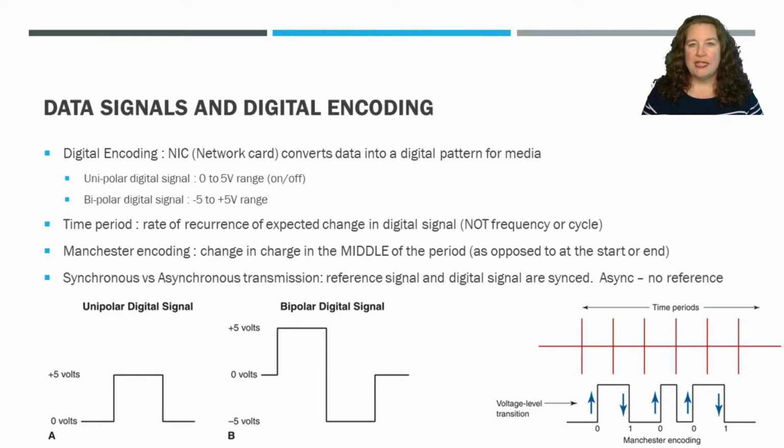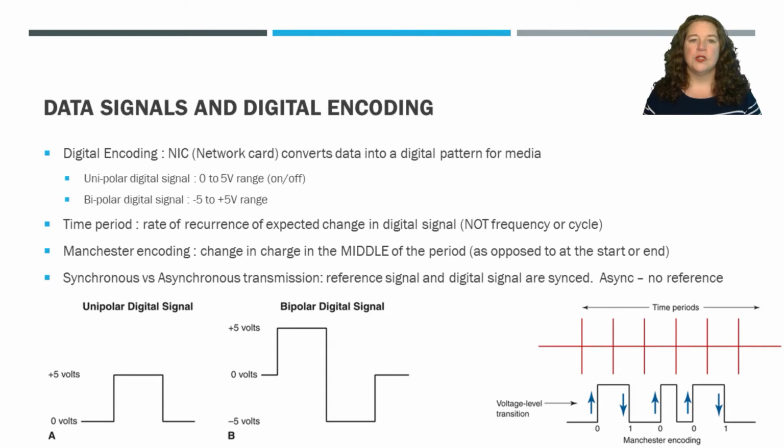All data in a computer is represented by those pulses, those bits. When we want to transmit them, we convert them from zeros and ones on your computer into these digital signals, which we can then send across our media. Whether it's our copper, our fiber optic, or our wireless, we can send those across the media as a series of digital signals.